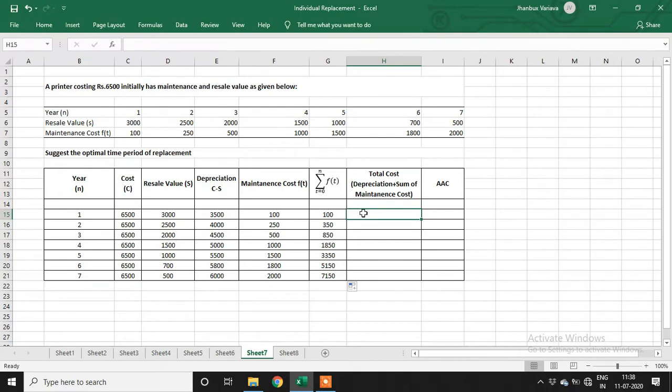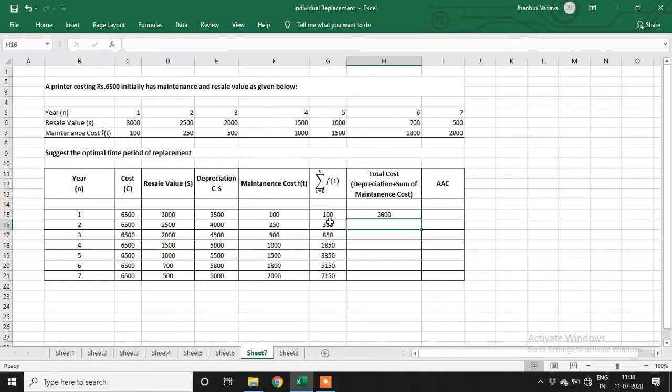Okay, now total cost. So what is total cost? It is depreciation cost plus the sum of the maintenance cost. So the depreciation cost is this one plus the sum of the maintenance cost, that is this one. So the answer will be depreciation cost plus the maintenance cost. Okay, so that will be 3500 plus 100, that will give you 3600.